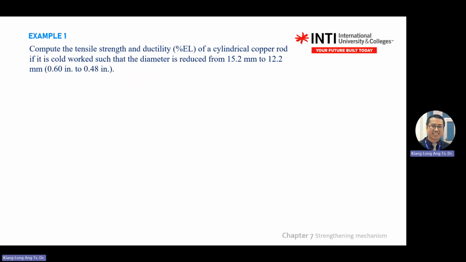So how many percent cold work? How many percent?